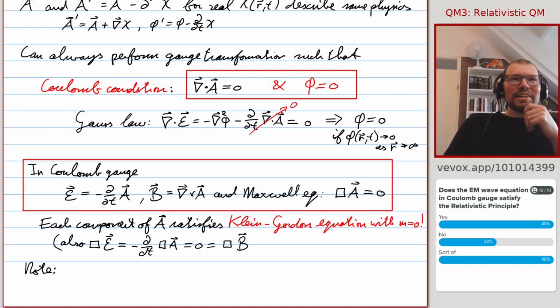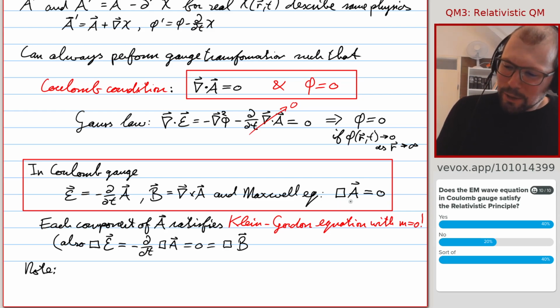Well, this is also a bit of a trick question, right? We just said that the Maxwell equations satisfy the relativistic principle. So certainly the physics is going to be the same in our different frames. But this equation itself, and the Coulomb condition itself, is clearly not relativistically invariant.